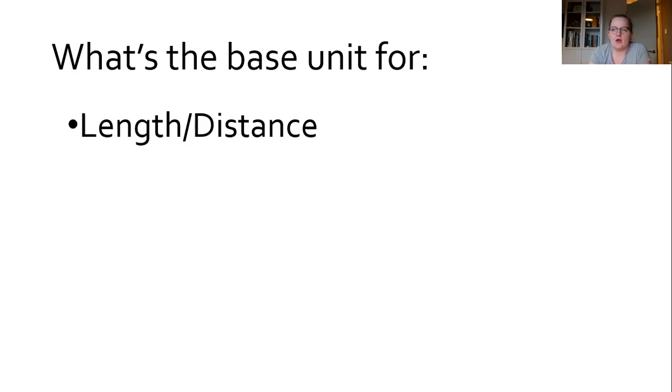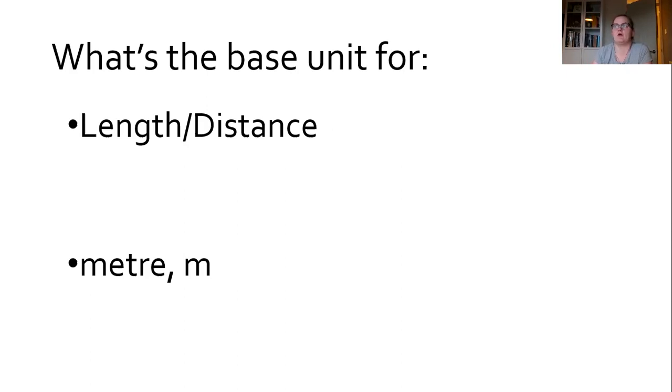So in SI units, our base unit for length and distance is going to be meters. What we mean by this is our standard unit. We would always defer to using meters, hence why when we do things like speed, it's usually meters per second.